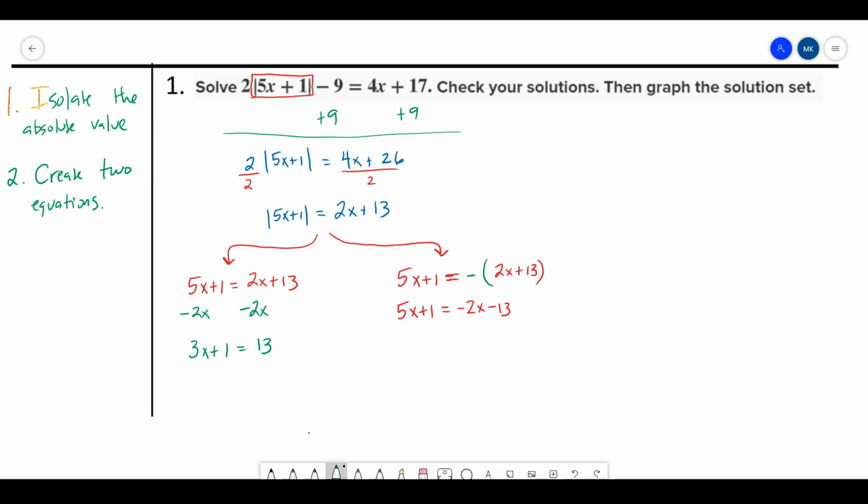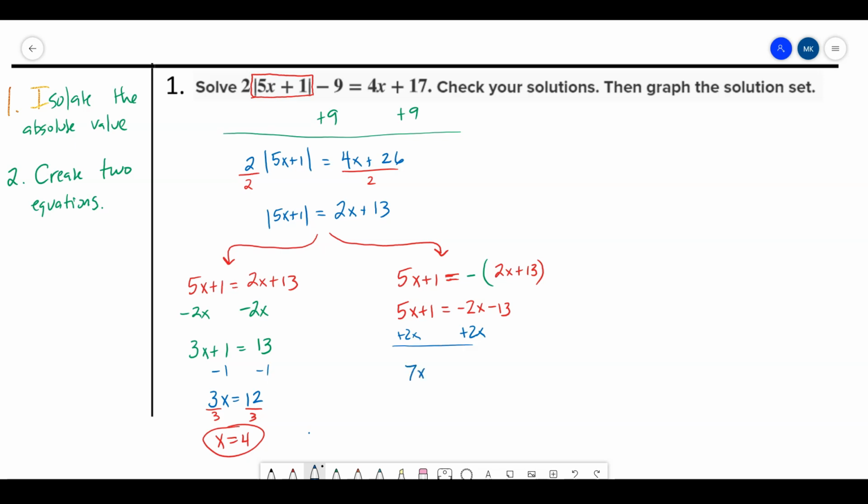I'm going to subtract 1 and get 3x equals 12, and then divide by 3 to get x equals 4 is an answer. And then same thing with the one on the right. I'm going to add 2x to get it to one side.